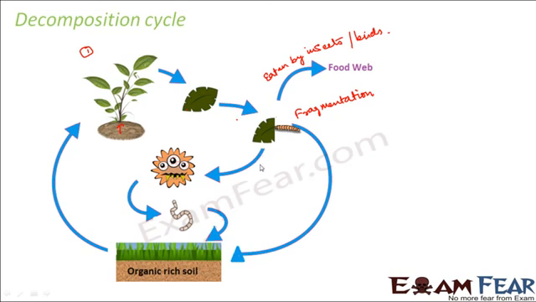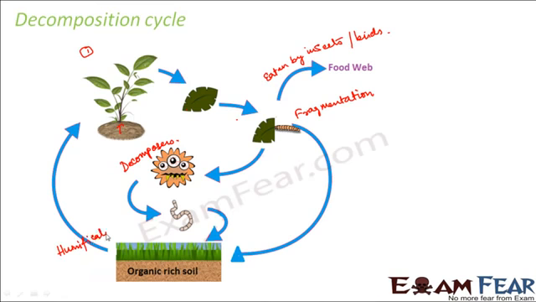And then whatever remains will be acted upon by the decomposers. So here you have the decomposers, and these decomposers will act on the material which is left out. And then finally, what will happen? This leaf will get deep inside the soil, and inside the soil humification will take place.